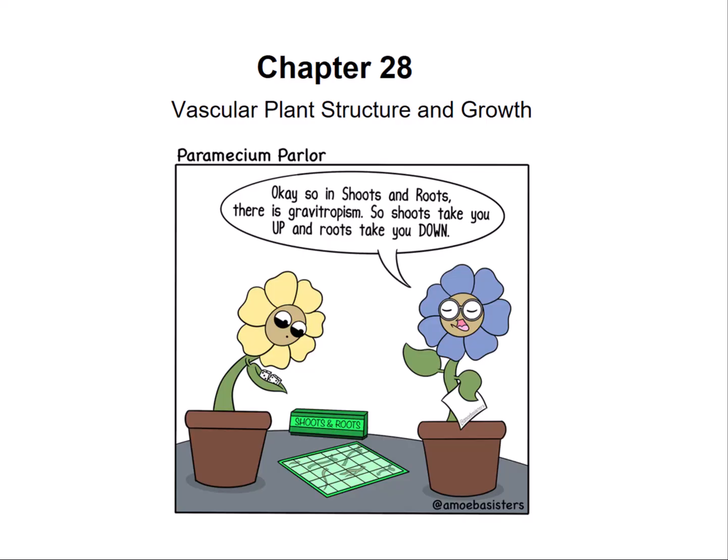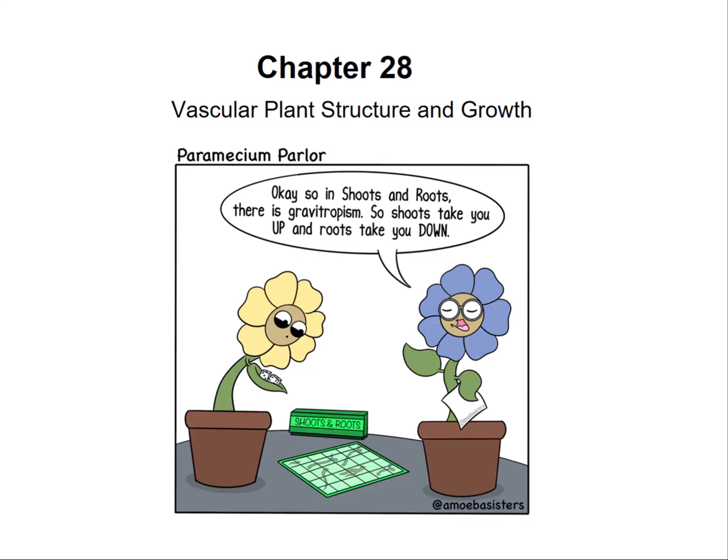They included our non-vascular plants, which are our bryophytes, our seedless vascular plants, which are our lycophytes and our monilophytes, which are our ferns, and our seed plants, so our gymnosperms and our angiosperms. With chapter 28, we're going to talk about the seed plants.